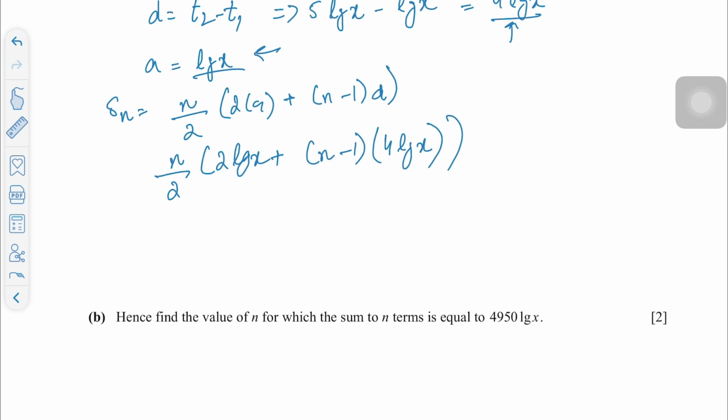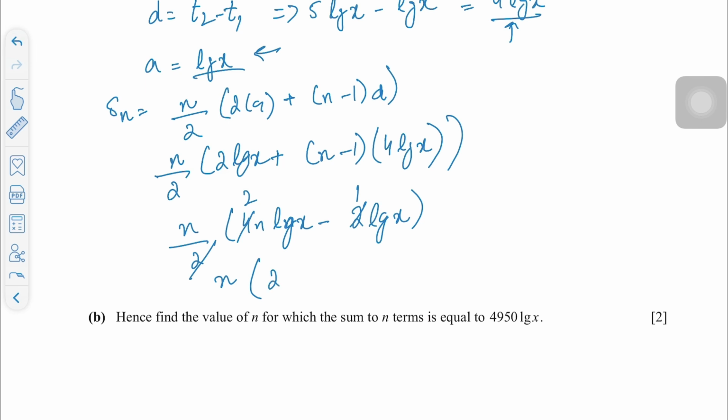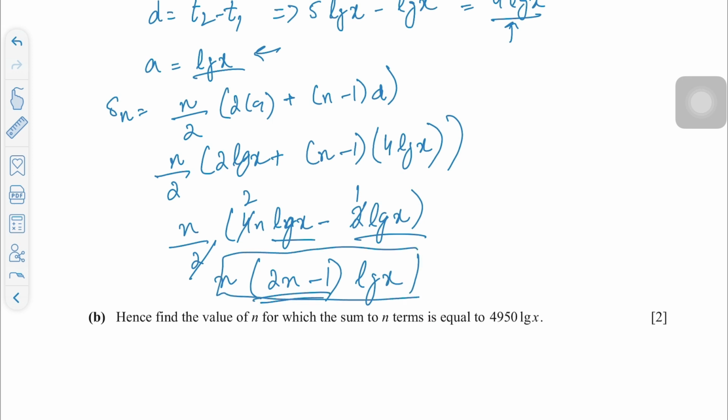This is negative 4 lgx and this is 2 lgx, so this would be n over 2, 4n lgx, sorry, negative 2 lgx, right? So if we divide it by 2, this would be cancelled out and this would be simply written as n times 2n. Let's just take lgx as common as well, so this would be n(2n minus 1) lgx. So we have our final answer as this, right?